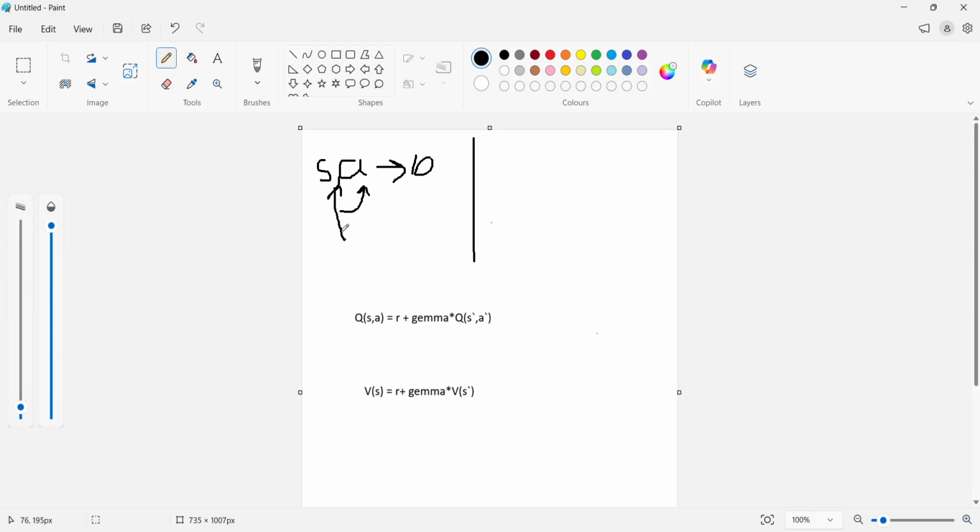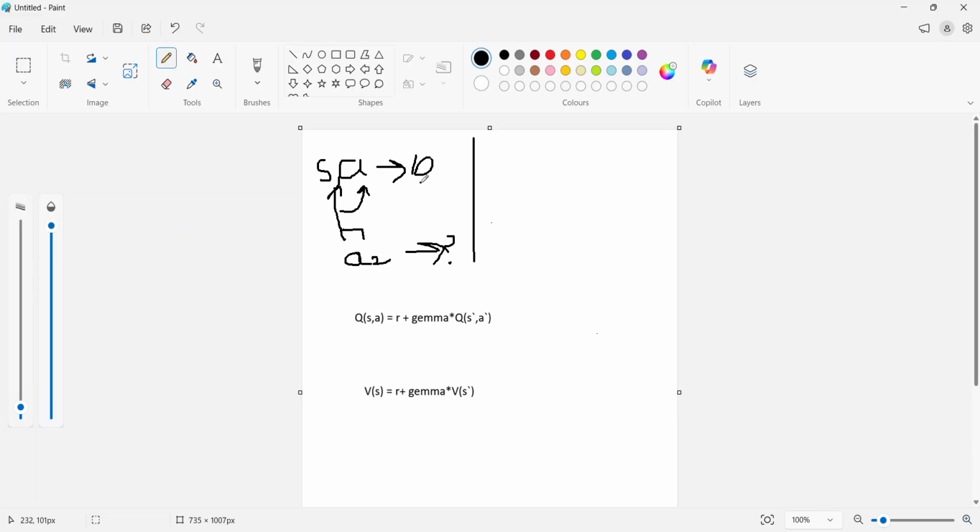But there is a 20% possibility that I might not choose this action A and instead choose an action A2, which might lead me to a different reward. This different reward might be better than 10 or less than 10. We do not know, but this is the beauty of reinforcement learning.